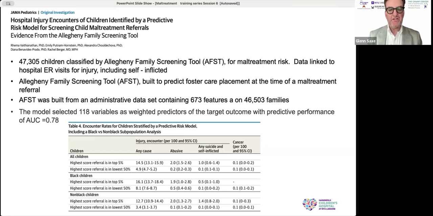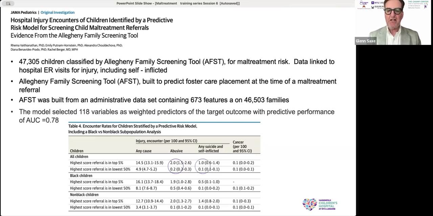But for the lowest 50%, this is prediction for any sort of injury, whether it was called abusive or not. If you look at the highest 5%, it's about a tenfold difference in predicting going to the emergency room for an injury that was abusive.